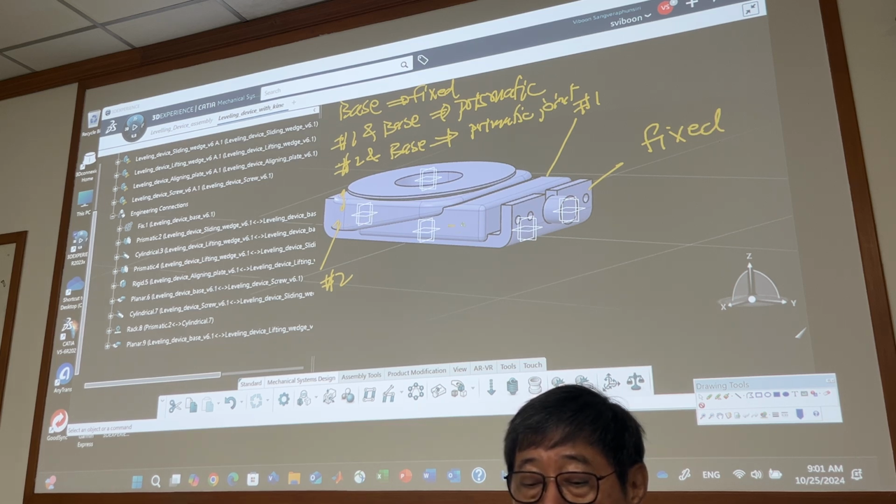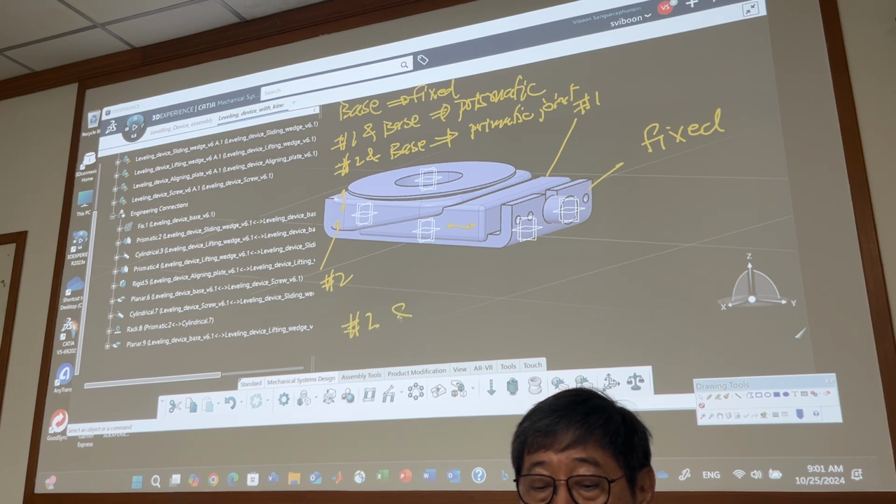This one moves in this direction, this one moves in this direction, right? So two and base is a prismatic joint, as well as two and one.